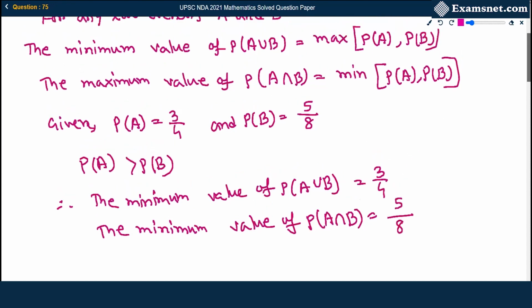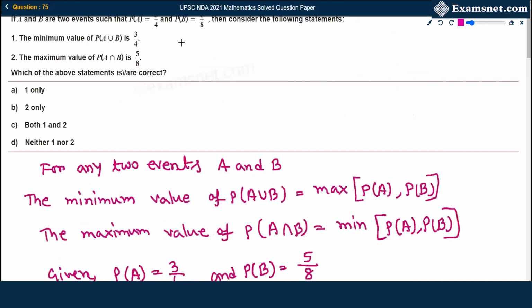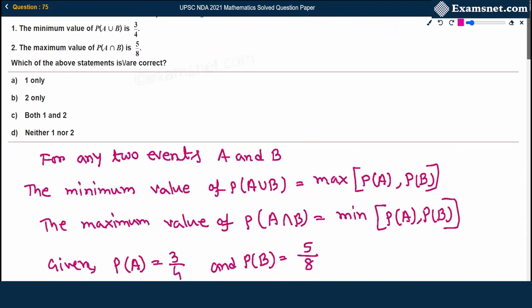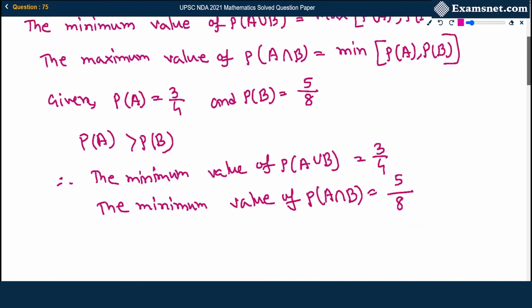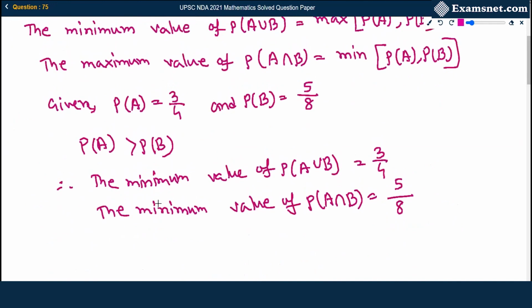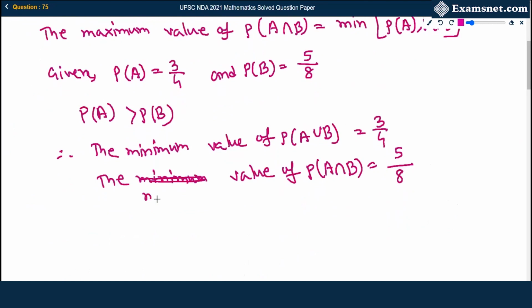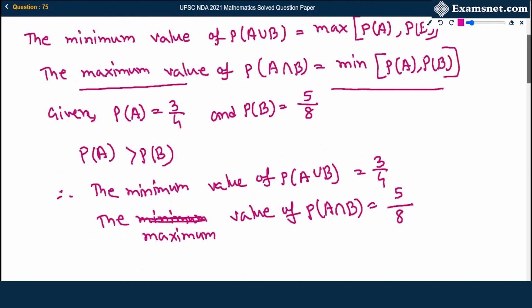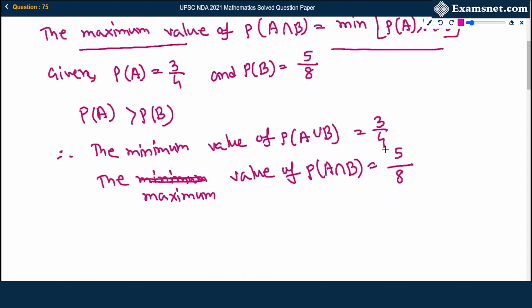Okay, please make the correction: the maximum value of probability A intersection B is the minimum of the values probability of A and probability of B. So here 5/8 is the minimum among these two values.